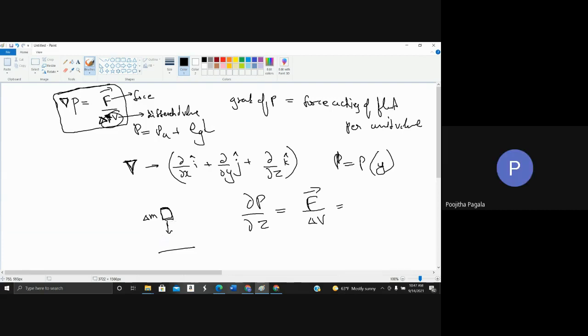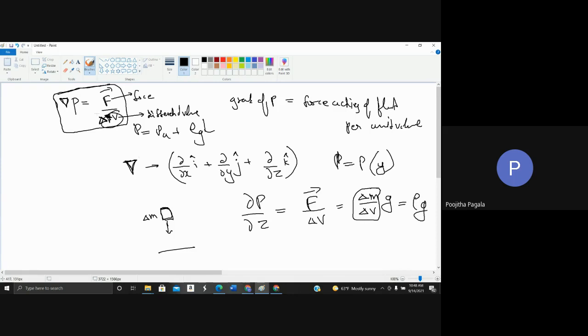Due to gravity, and the mass is delta M. What you told is right, Shivani. MA, but delta M g, exactly. In this case A is G. So this is delta M by delta V into G.